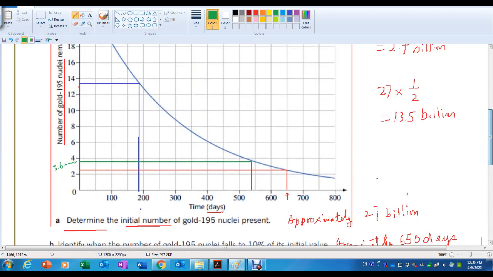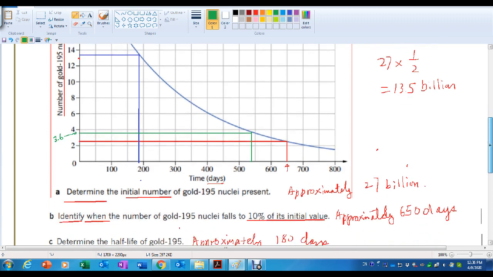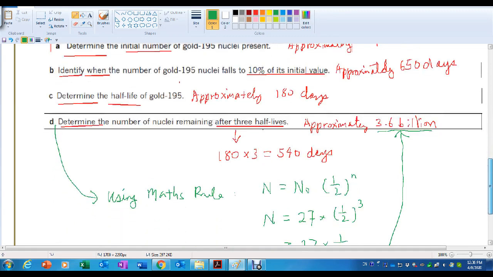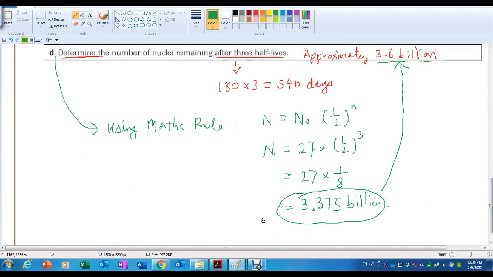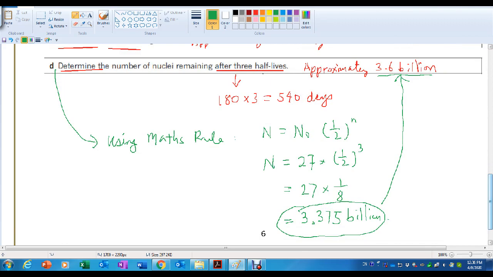When we look at the graph, it really looks like 3.6, and possibly our graph is not drawn accurately enough, or when I draw this blue line, it's not exactly the 3 half-lives, right? But if we use this formula, you get very accurate values. So that's why sometimes we need to use this mathematical rule.